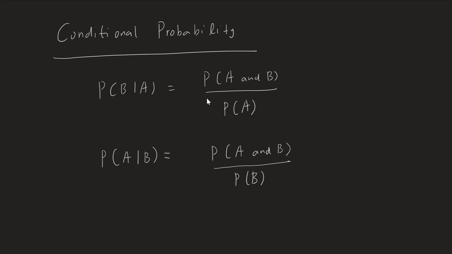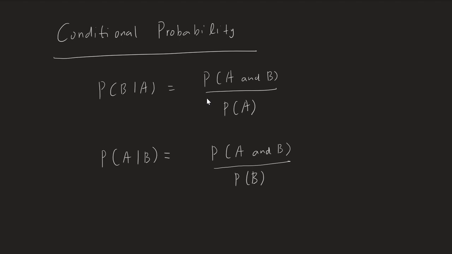In the equation on the right, you wrote probability of A and B. If I had to put the numbers there, I would do probability of A times probability of B. Correct? No, we cannot say that probability of A and B equals probability of A times probability of B, not like that.